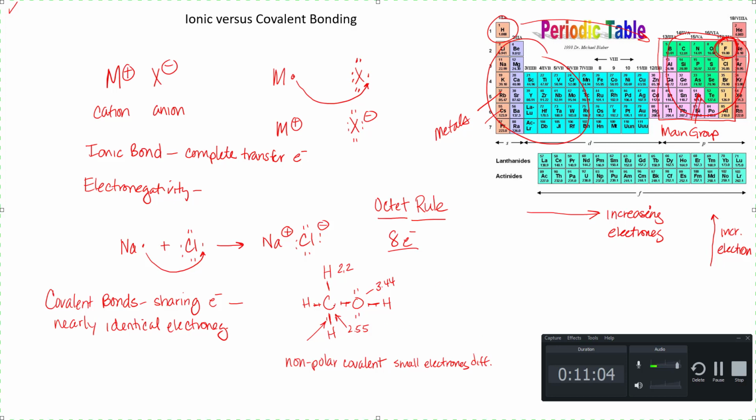On the other hand, as the electronegativity difference gets larger and larger, you can have the carbon-oxygen bond, which we would classify as a polar covalent bond.